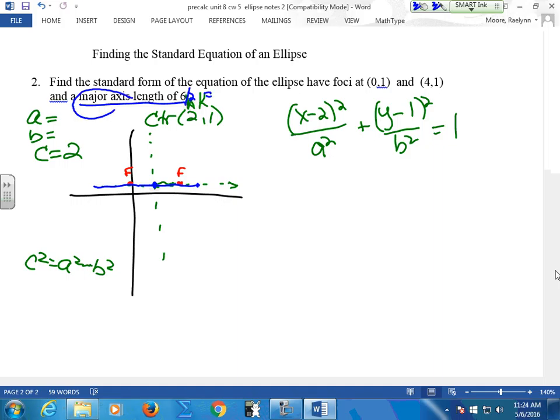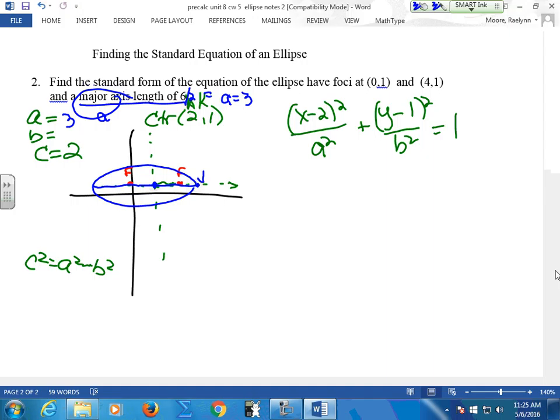This is my major, so this is my A. Therefore, A will be 3. The whole length of my major axis is 6. From the center to the vertex point is A. So A is 3. So my ellipse is going like this. So that gave me my A, 3.